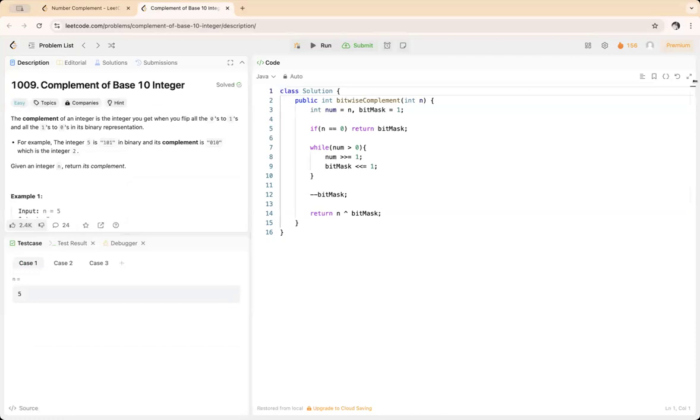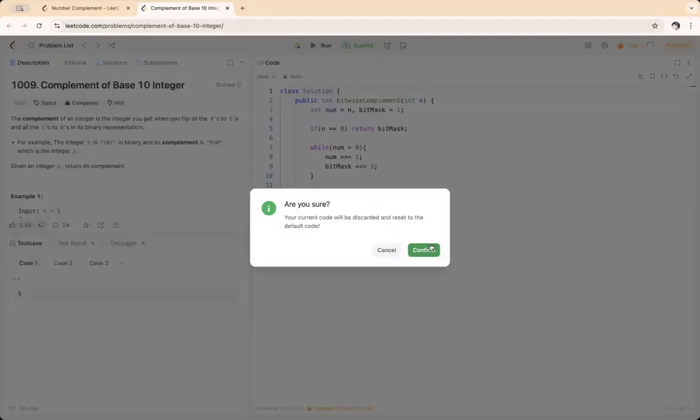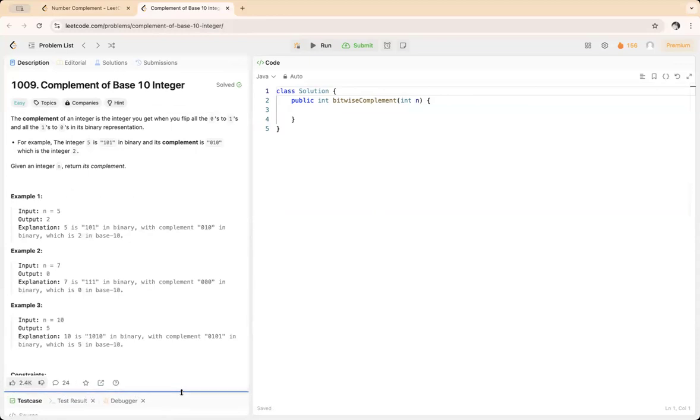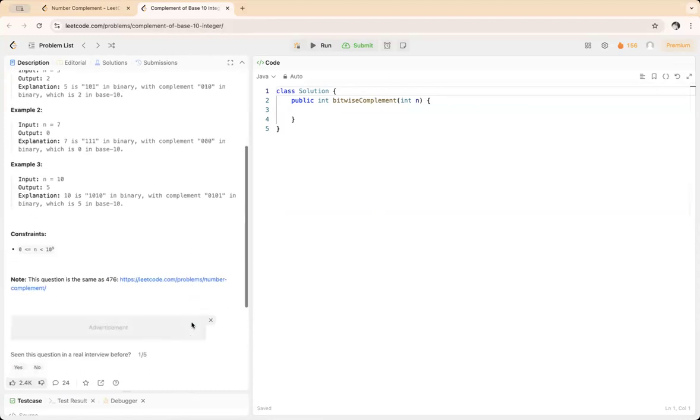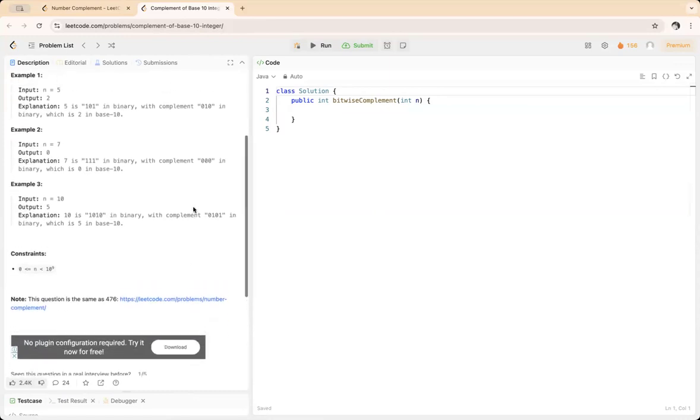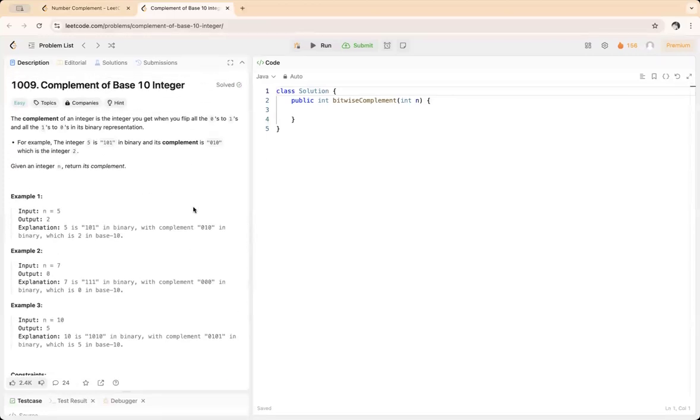Okay, so let's remove this. In this also the same thing is there.